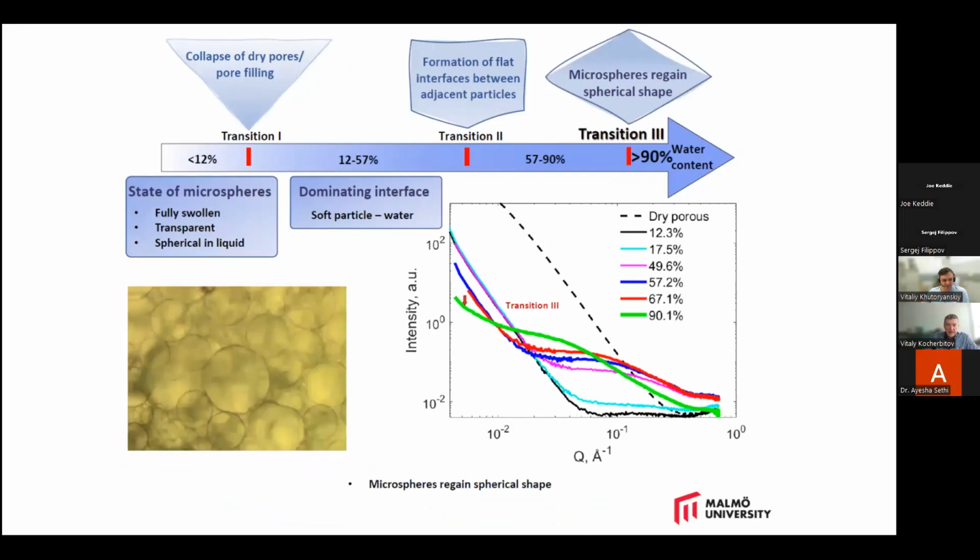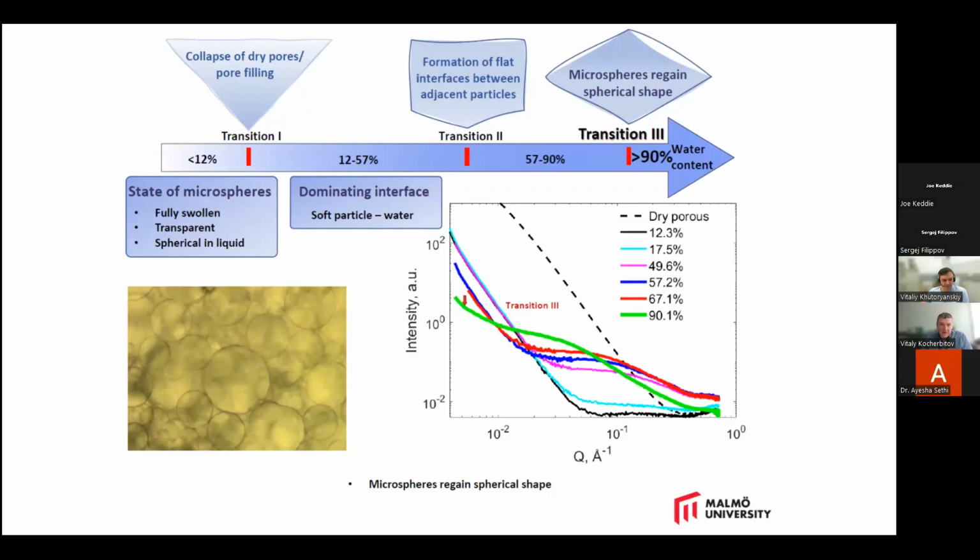And finally, when we go to fully hydrated states, the particles regain their spherical shapes, and we get this type of curve where the scattering from the surface is minor, because the physical difference between the state inside the particle and outside is minor.